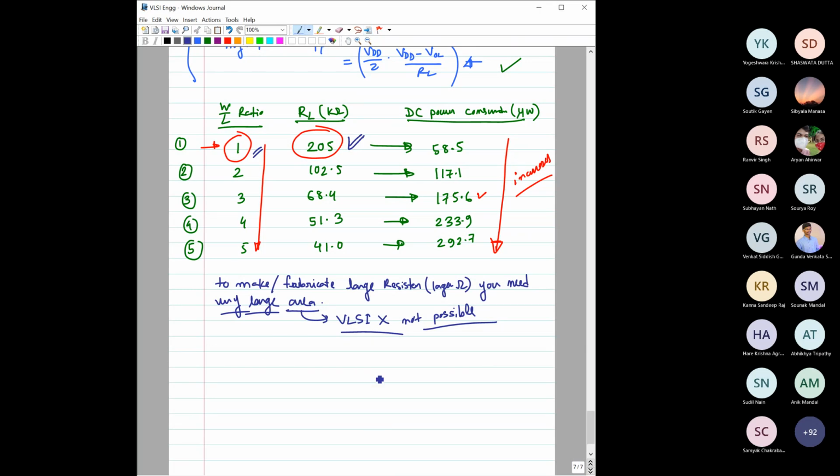One minute, maybe I can write one more thing. Sir, what about I square R losses? If the value of resistance is high, there would be heating issues also, right? So that could be an issue.